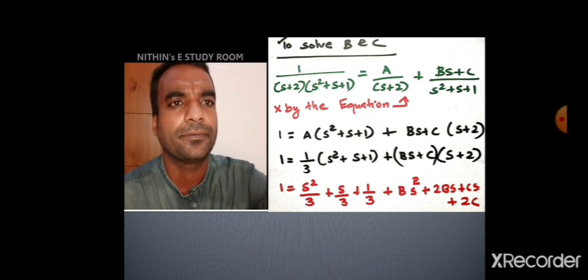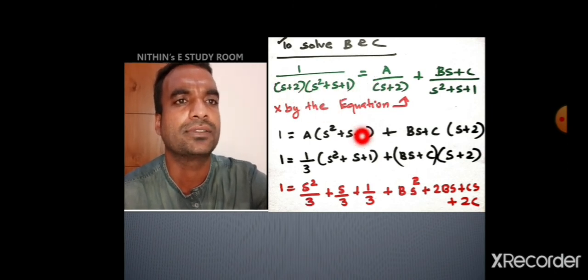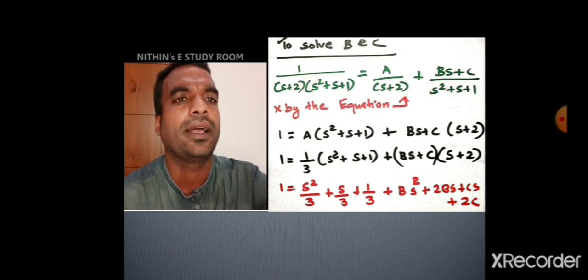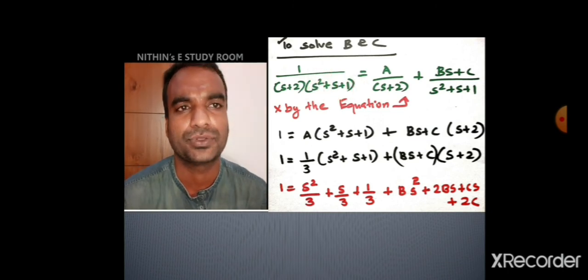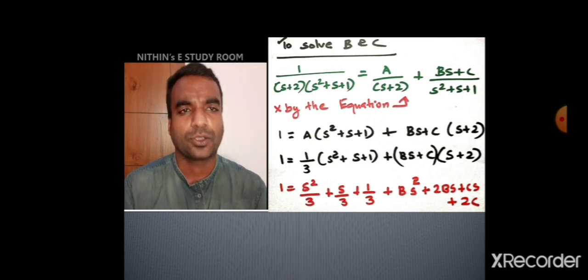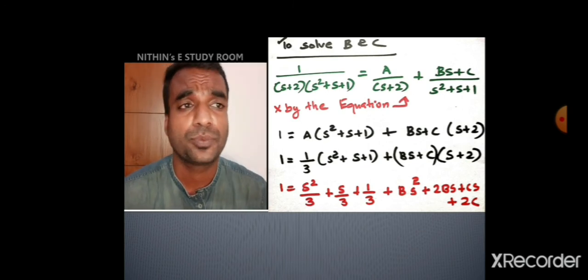On this side, A into this term, so s plus 2 will get cancelled, giving A into s square plus s plus 1, and for this term bs plus c into the total term, the denominator will get cancelled, so bs plus c into s plus 2. So 1 is equal to, put A is equal to 1 by 3, you already got A.